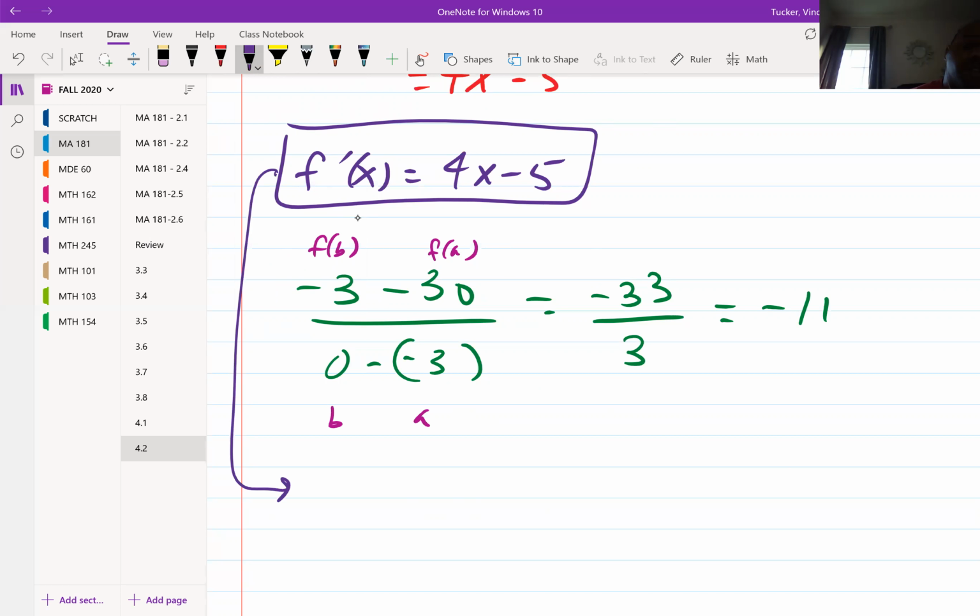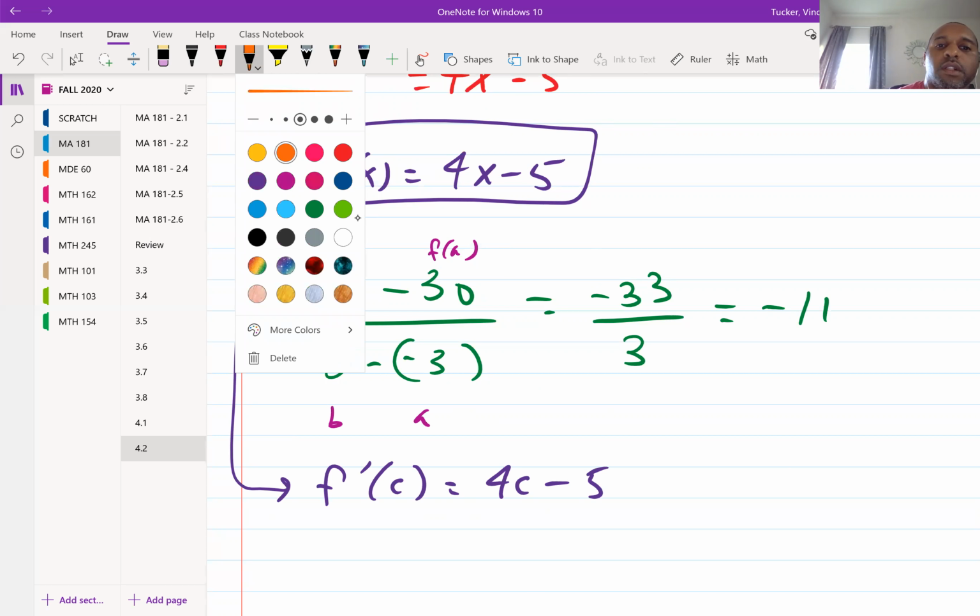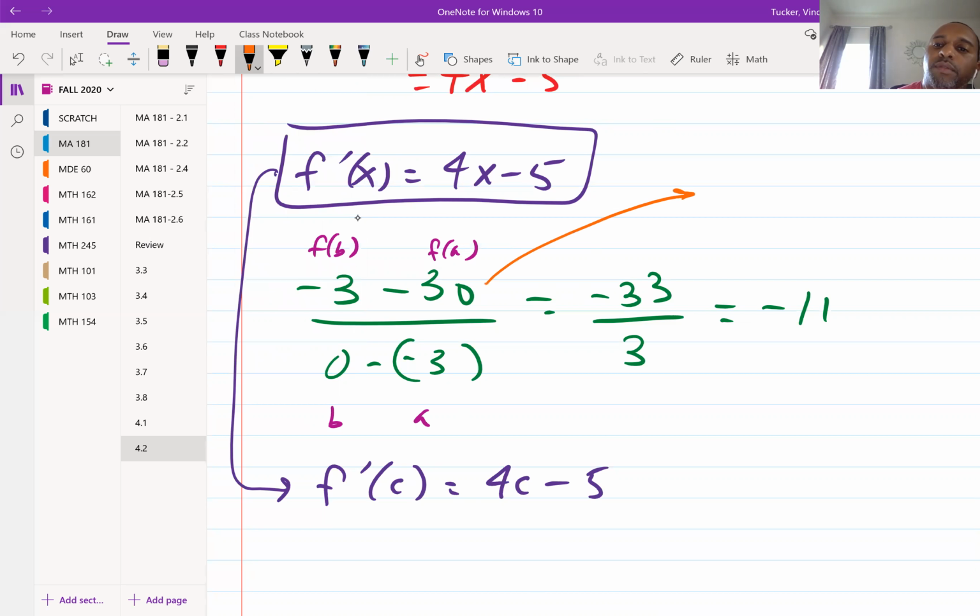And then here, f prime of C is just plugging in C into the function. And remember what the mean value theorem said.